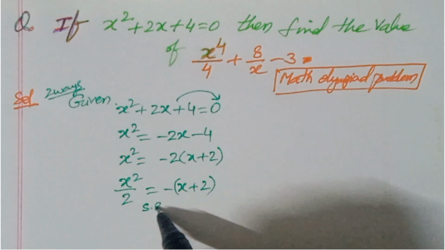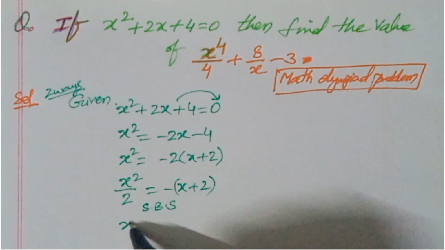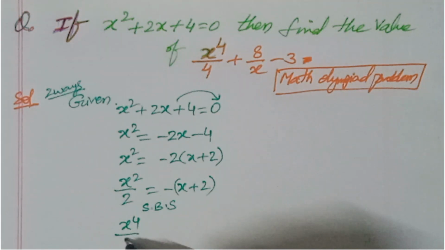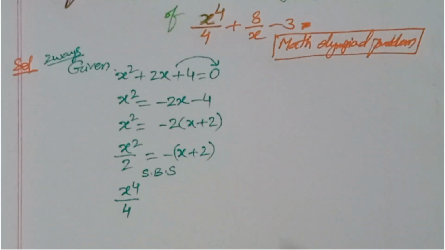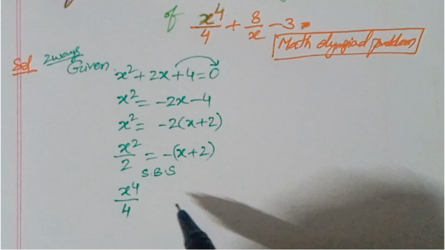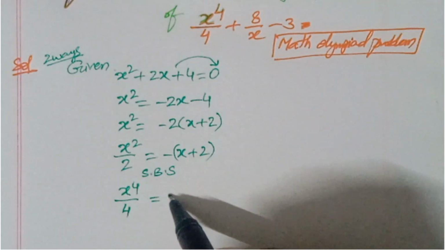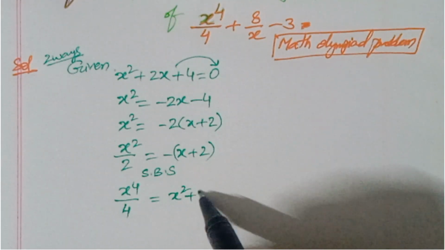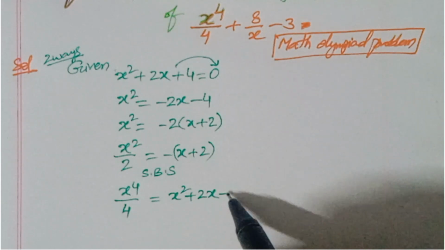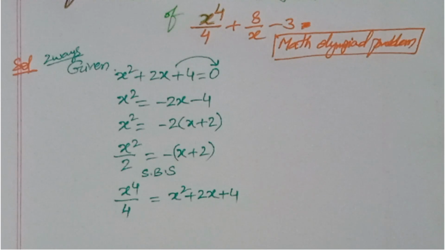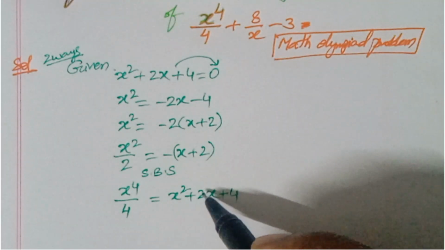Now doing squaring on both sides, x power 4 by 4 is equal to x square plus 2x plus 4, so x square plus 4x.